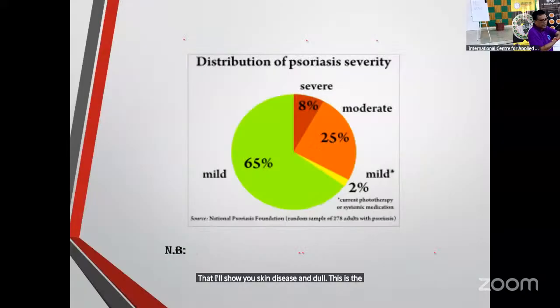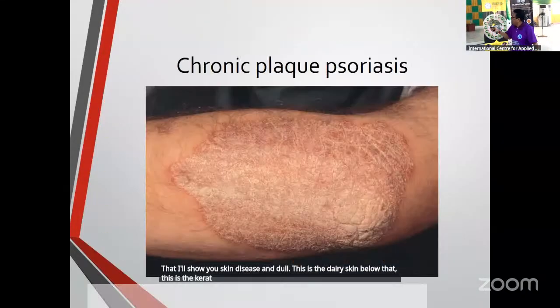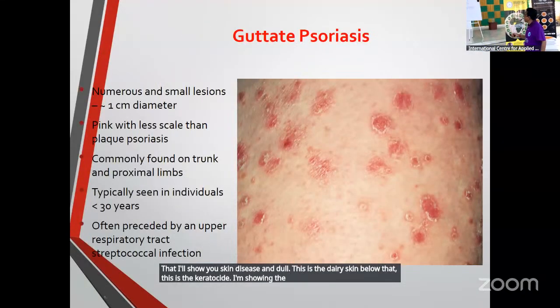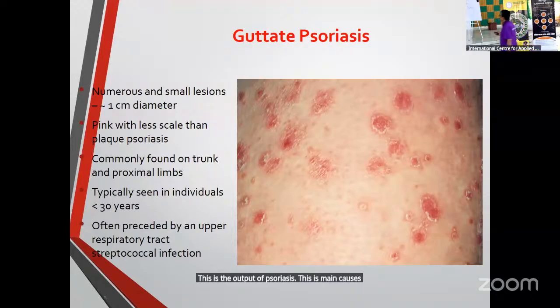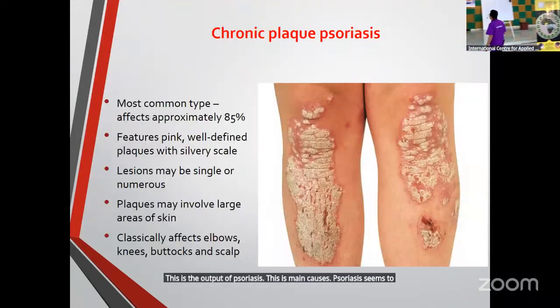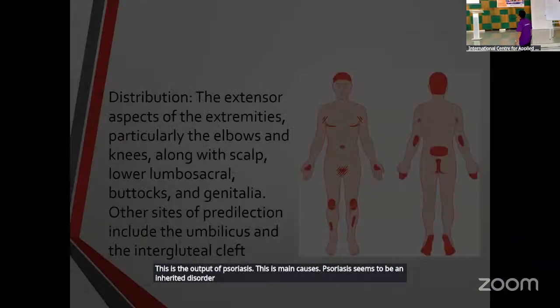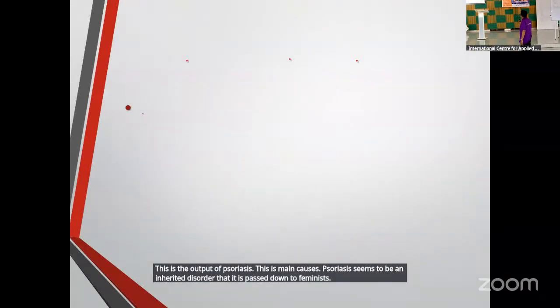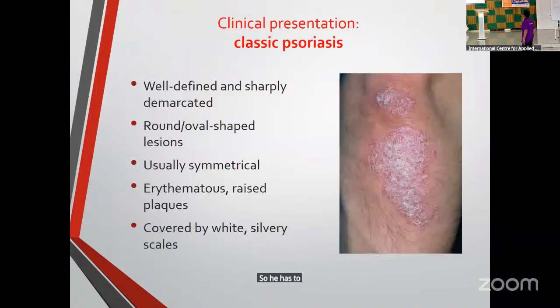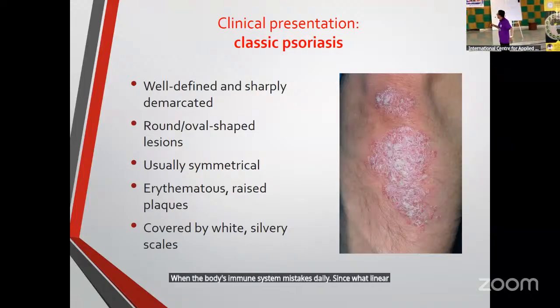You know that it is the keratinocyte layer. I will show you all the pictures. This is the outlook of psoriasis. These are the main causes. Psoriasis seems to be an inherited disorder that is passed down through families. Psoriasis probably occurs when the body's immune system mistakes healthy cells for dangerous substances, as I have mentioned.